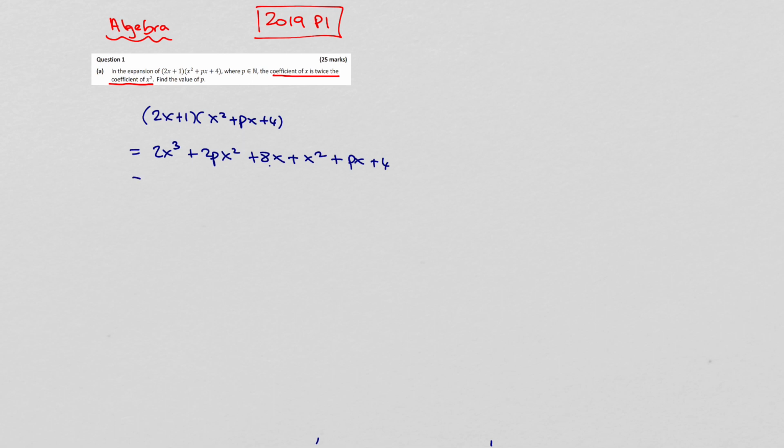So if we group all our like terms, we have 2x cubed, plus (2p plus 1) times x squared, plus (8 plus p) times x, plus 4.